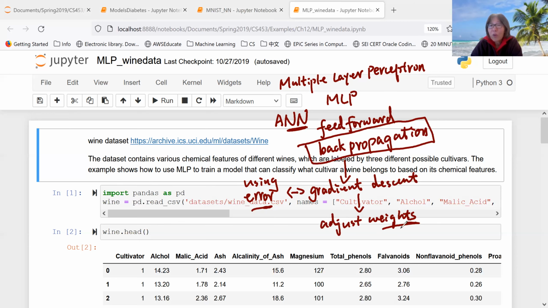So the neural network, the overall concept is we keep adjusting weights until we find the optimal one. Okay, then we can do classification. So we understand the concept.